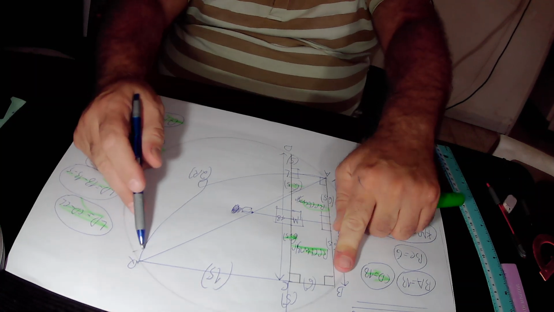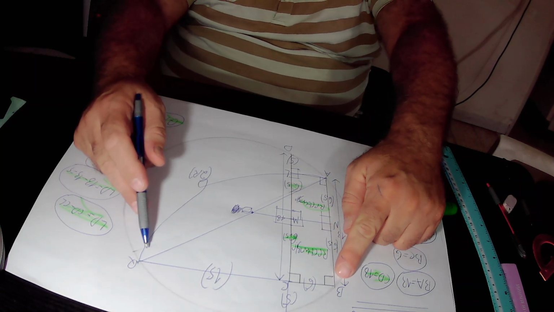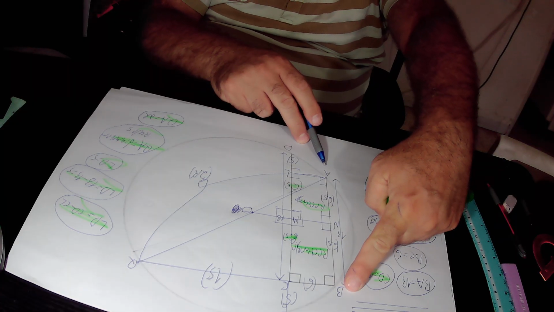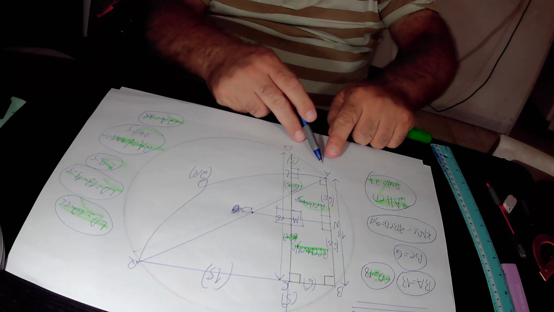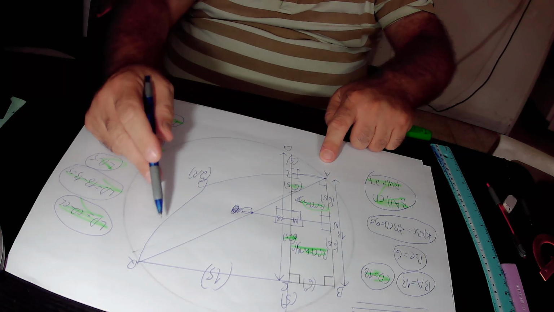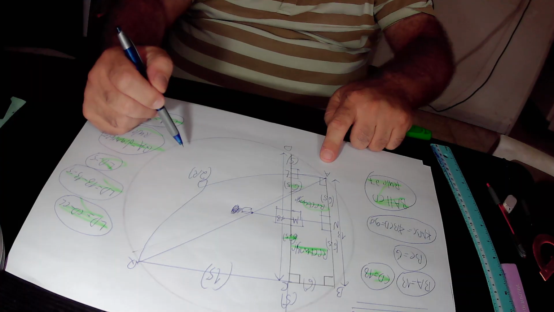Side BQ equals 6 plus 15, that is 21. Side BA equals 13 units in its length according to what is given. And the hypotenuse AQ is the diameter of the circle, that is equal to 2r.